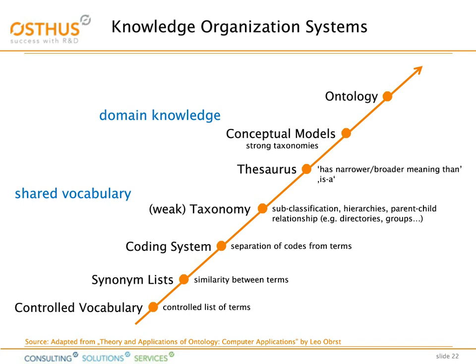You have conceptual models where you distinguish between instances and classes, and then on the very high end you have ontologies with logical definitions. So while the first systems are used to provide a shared vocabulary, the systems in the right upper corner are used to represent a shared domain knowledge.